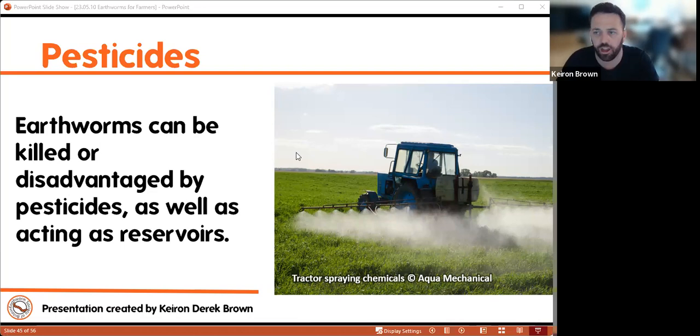And one point I'd just really like to make clear here is that chemicals that are put on plants to kill pollinators, for example, will end up in the soil because they will get washed into the soil and water and freshwater systems as well through rain.